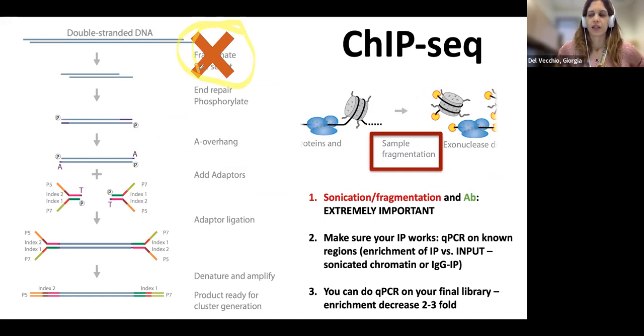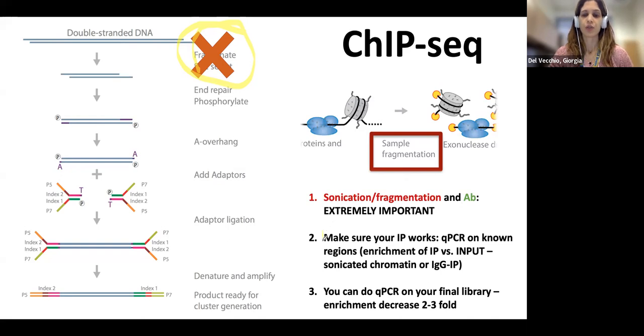So it's DNA after chromatin immunoprecipitation, and it's already fragmented. So in the ChIP-seq, the sonication or enzymatic digestion, and the antibodies are really important.